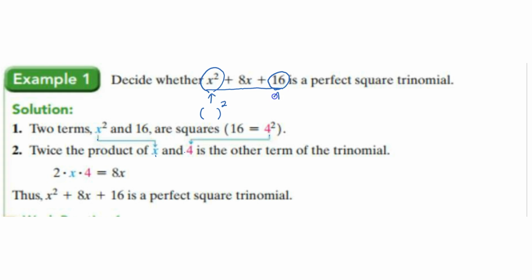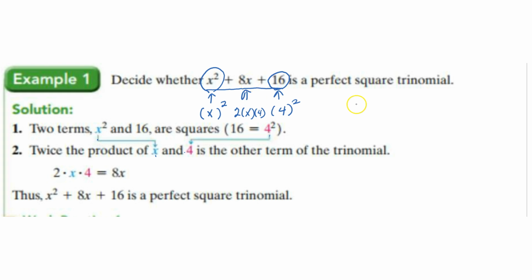And in the last term, is there a number that you square to give you 16? In this case, there's 4 and there's x. Now we just need to know what's the product of the two, and does it equal the middle? So in this case, we have 2 times x times 4, which gives you 8x. Is that here in the middle?